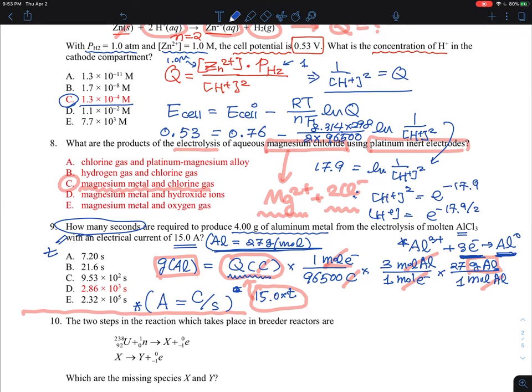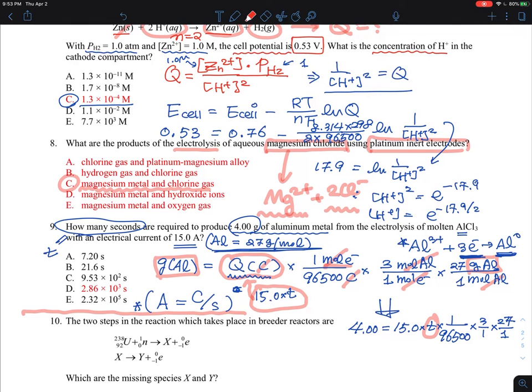So I'm going to tally up everything. 4 grams is needed. So this equation is 4.00 grams equals 15 ampere times t, times 1 over 96500, times 1 over 3, times 27 over 1. Then all I need to do is solve it for t.